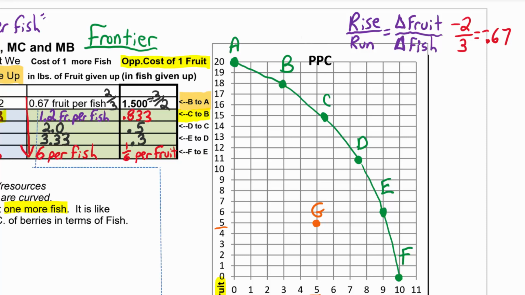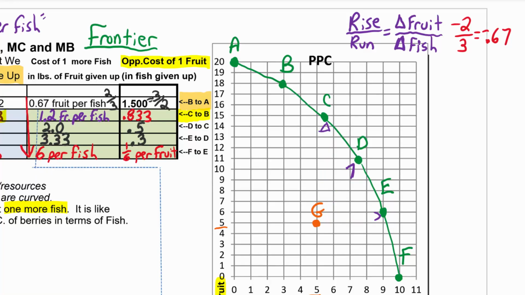Because we know from our possibilities that we could get more fish and more fruit, right? So we could get a lot more fish and a little more fruit if we move to a point like E. We could get more of both if we move to a point like D, or a lot more fruit and just a little bit more fish if we move to a point like C. Something's gone wrong.